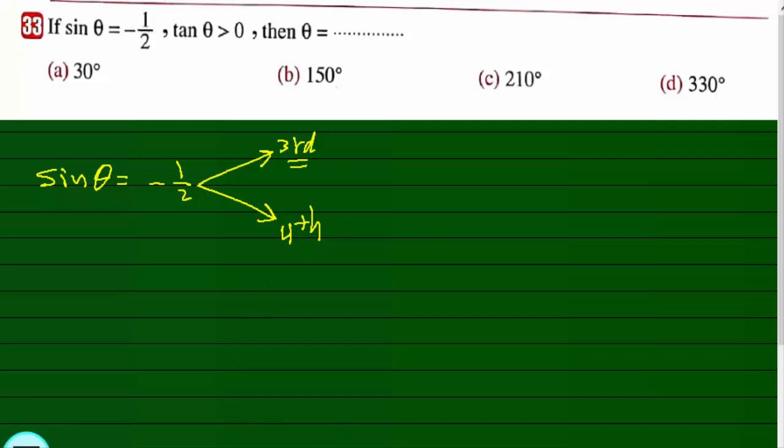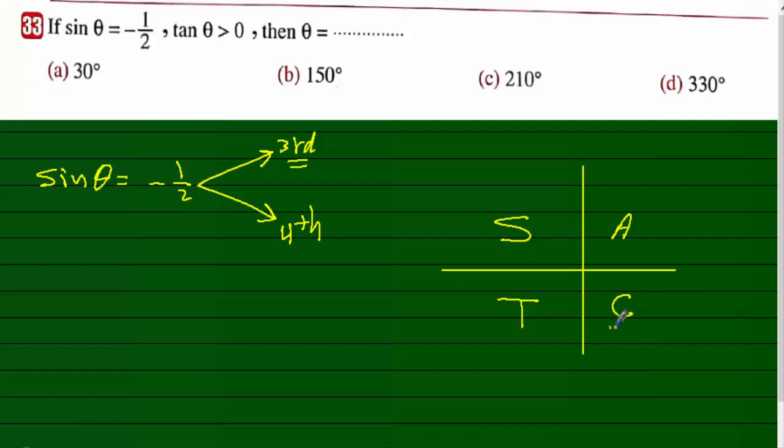You know that in the first quadrant all the trigonometric functions are positive, and in the second sine is positive. In the third quadrant we have tan, and in the fourth we have cosine positive. But here we have sin theta negative. It means the terminal side of the angle theta lies on the third quadrant or fourth quadrant.